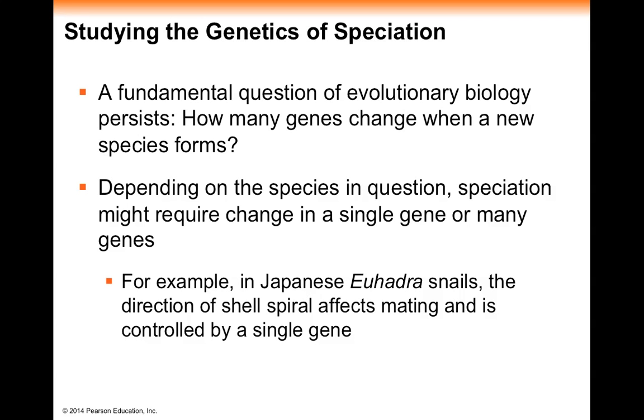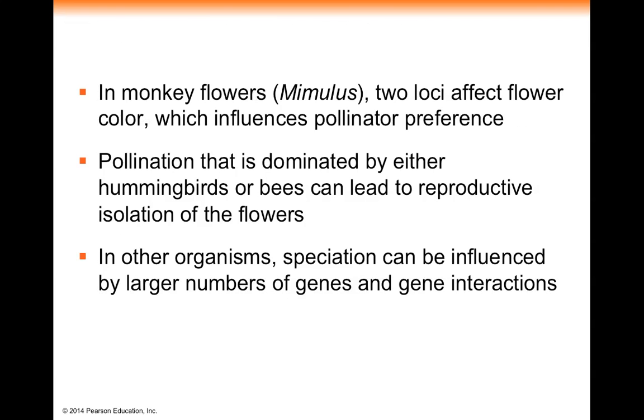For example, in Euhadra, which are snails, it's very similar to that case we looked at with mechanical isolation, with the spiraling of the shells. In some cases, maybe a single gene can affect a phenotypic characteristic that leads to that reproductive isolation.